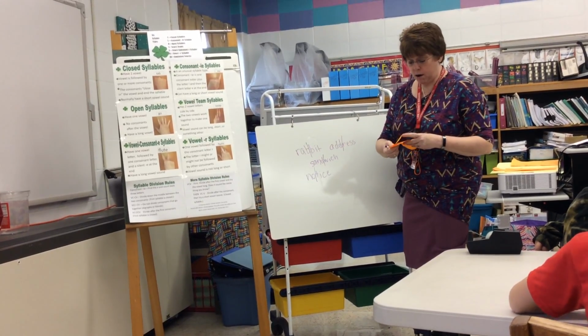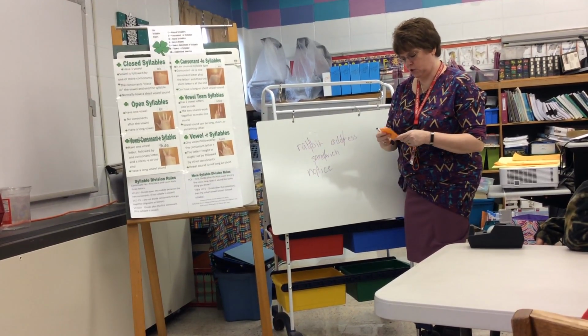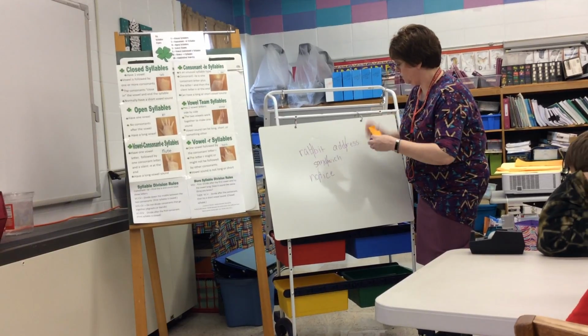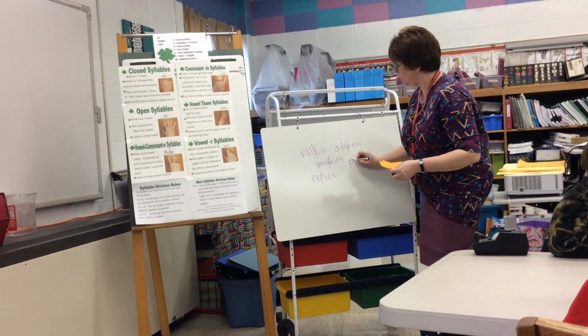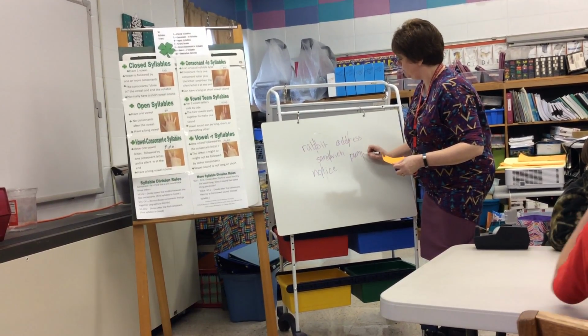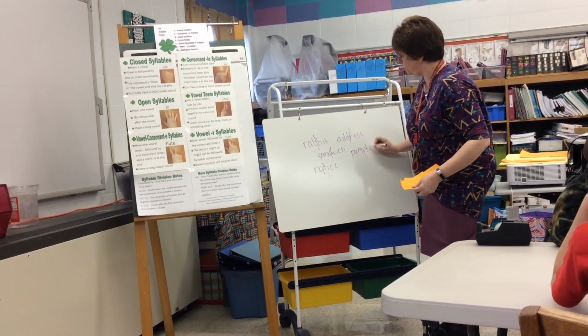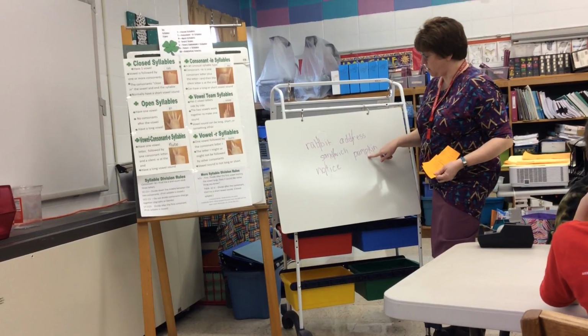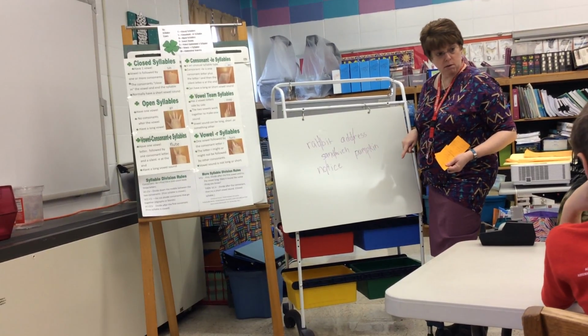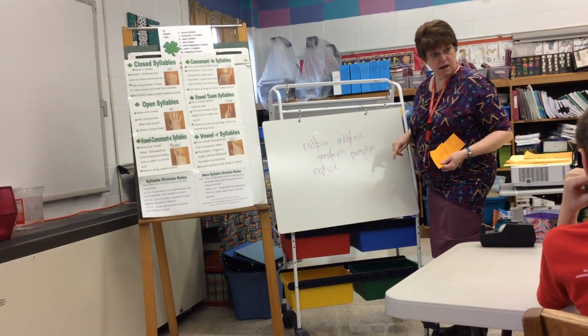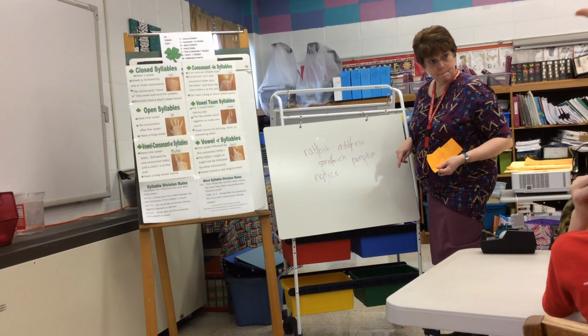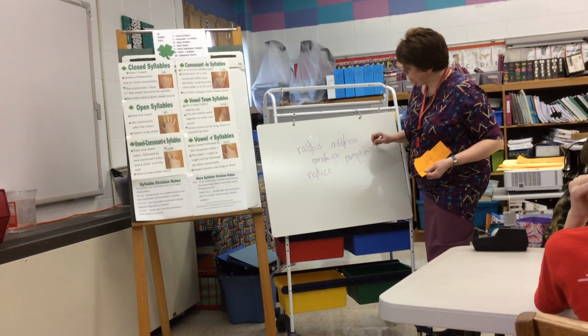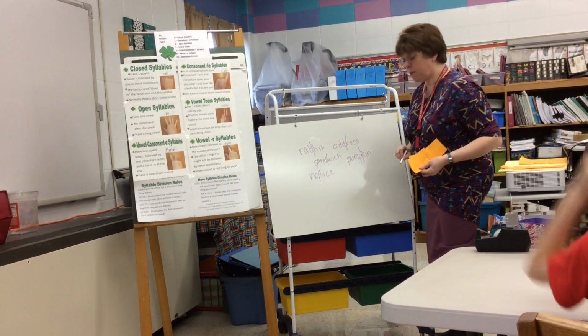All right. Let's do this one. This is the word pumpkin. This is one that has a vowel, a consonant, a consonant, a consonant, and a vowel. Lots of consonants. Where are we going to divide it, Emma? In between the P and the K. Can you tell me why we're going to divide it there?